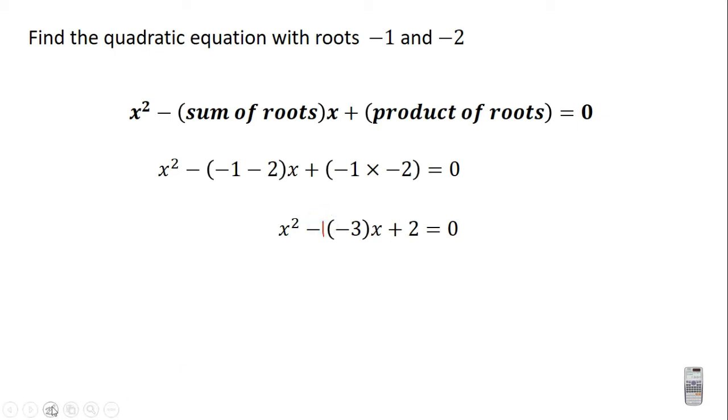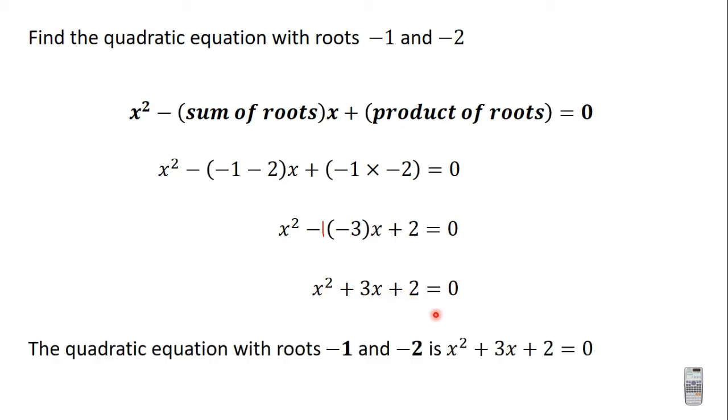So when we do that, -1 times -3x is +3x. So our equation is x squared plus 3x plus 2 is equal to 0. So the quadratic equation with roots -1 and -2 is x squared plus 3x plus 2 is equal to 0.